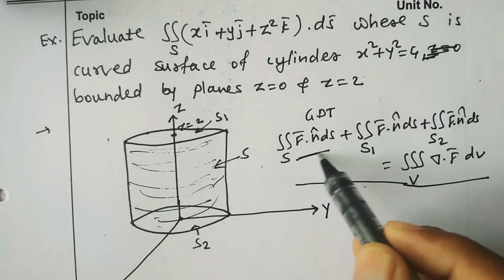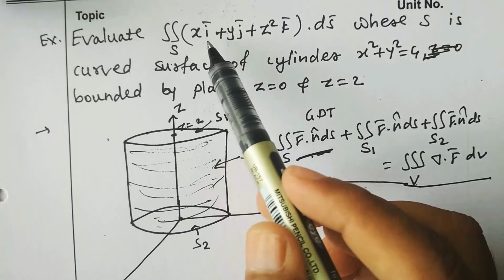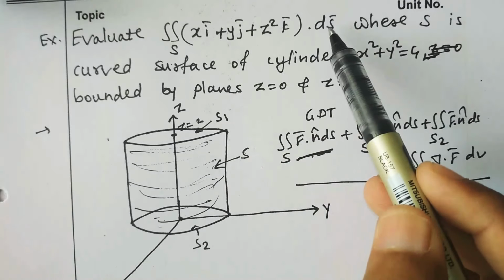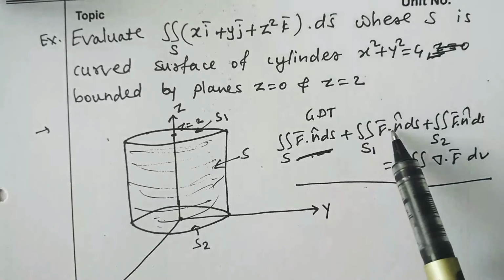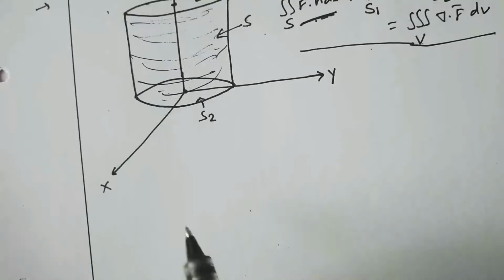Now we are looking for the double integration over surface S of f bar dot n cap dS, or dS bar. So these two terms go to the RHS.